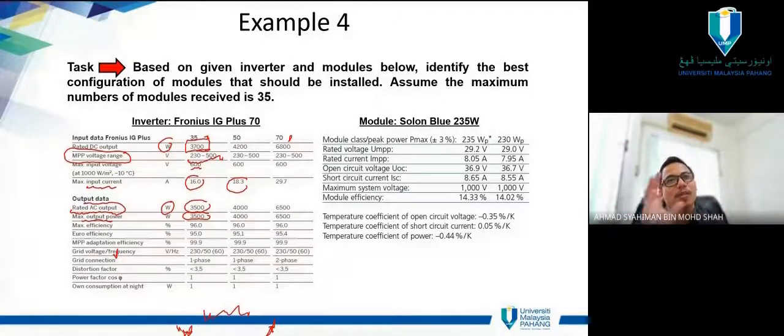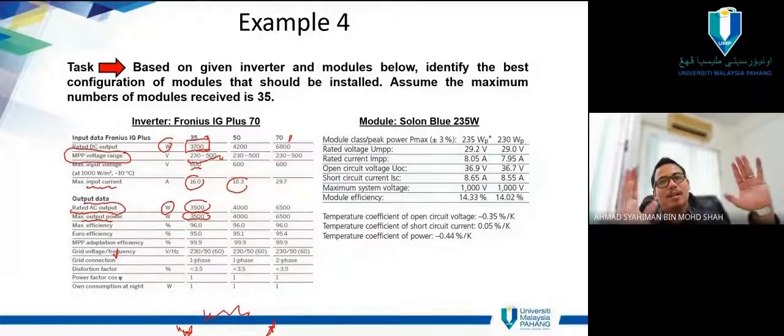Some inverters can go very far, maybe up to 5,000. But the output is the one that is our target. Kita nak fit kepada TNB, contohnya kita nak rated 3.5 kW. Input tu tak kisah berapa pun. Dia ada limit lah.